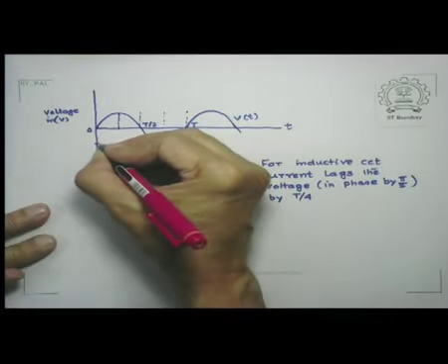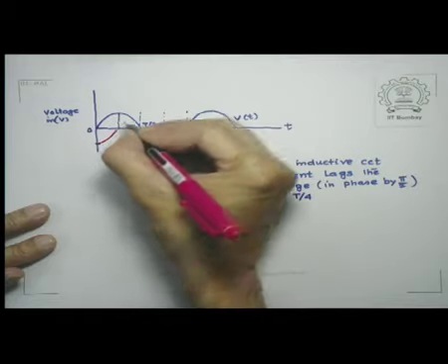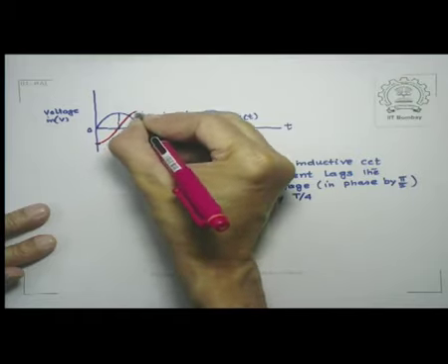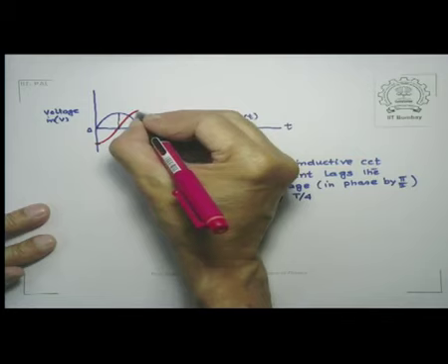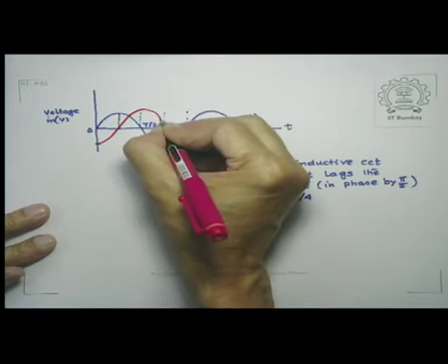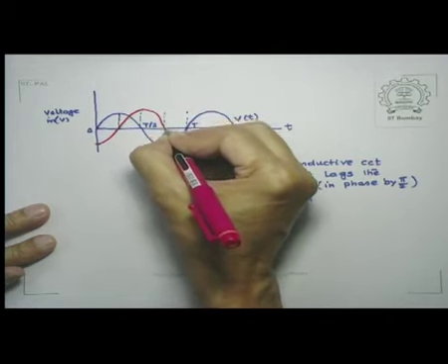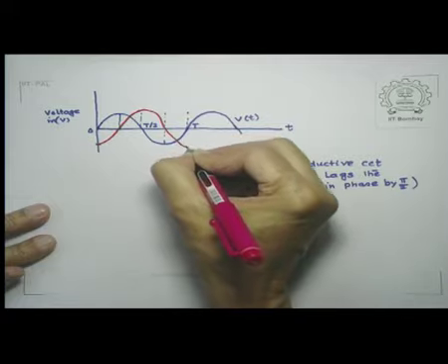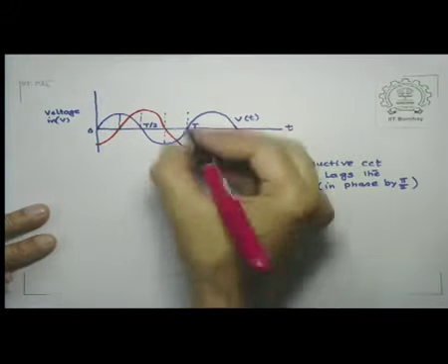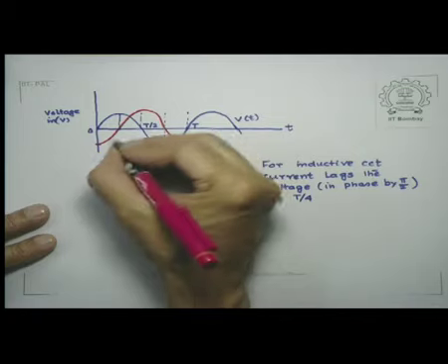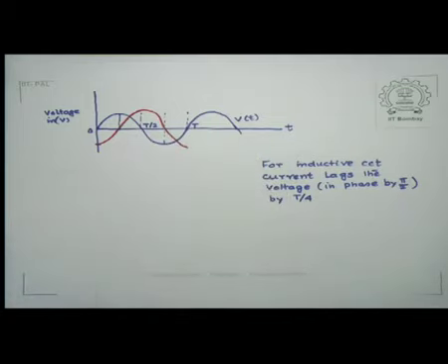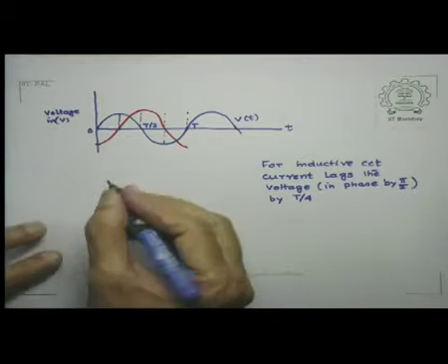So my current would be something like this. It doesn't exactly look like a sine curve, but since it's a freehand drawing, it is an acceptable thing.